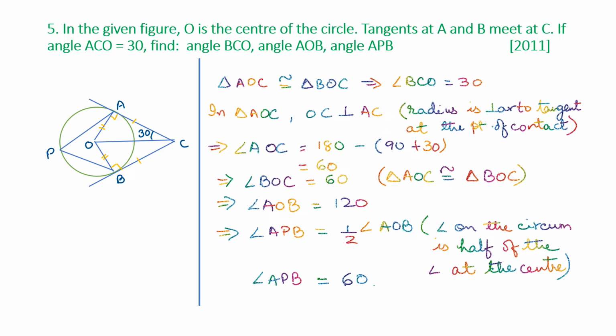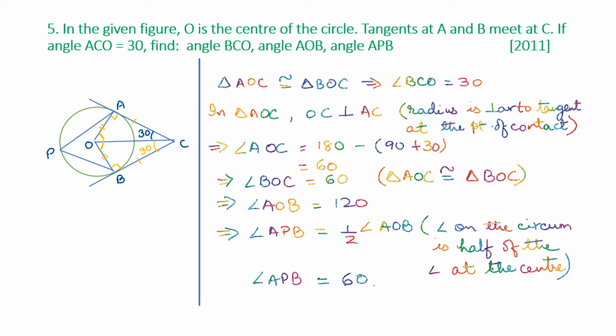Therefore, the two triangles are congruent, which means that if this angle is equal to 30 degrees, this angle is also going to be equal to 30 degrees.